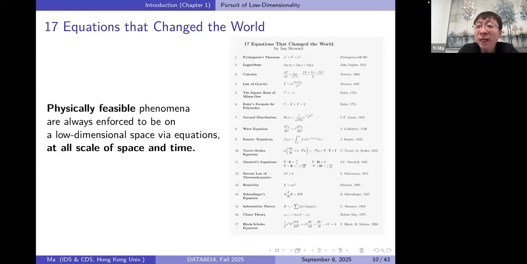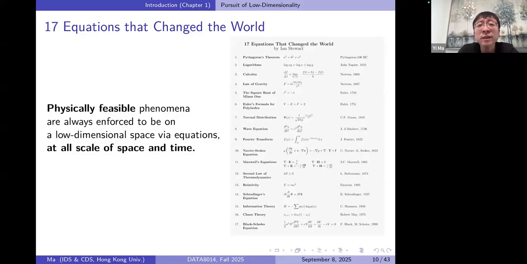Or if you scale the space down to microns, to the atoms, and so on, then you start to reach real quantum effects, quantum mechanics.